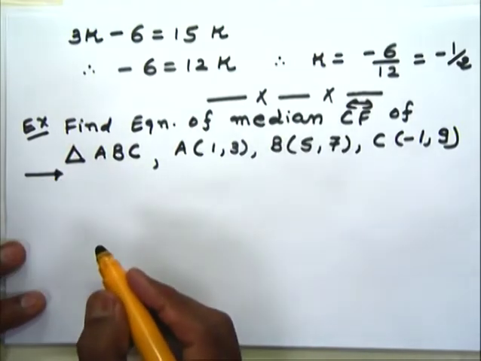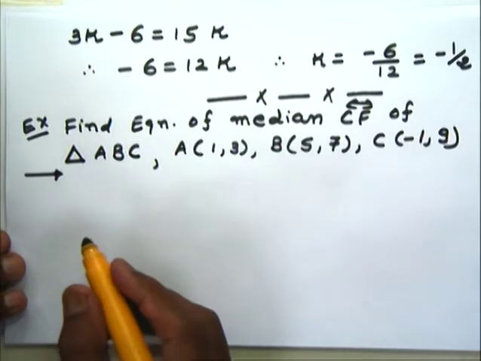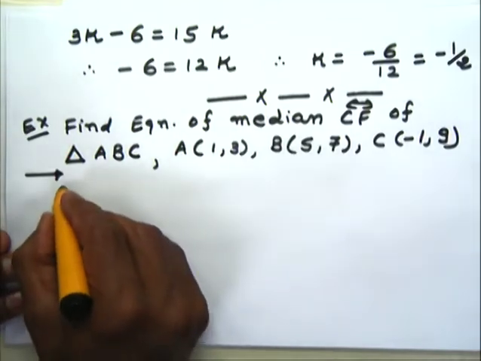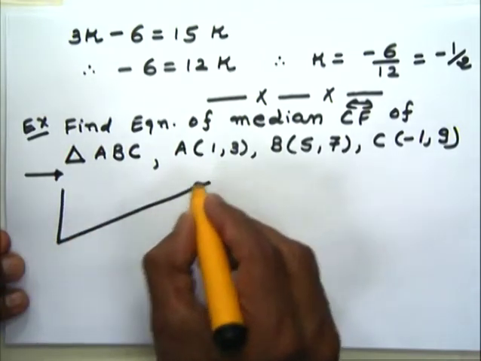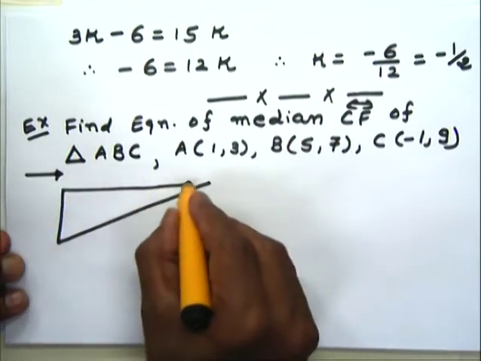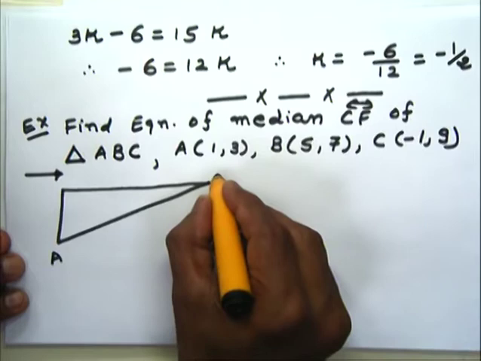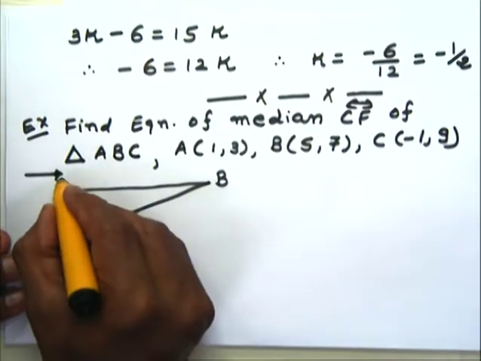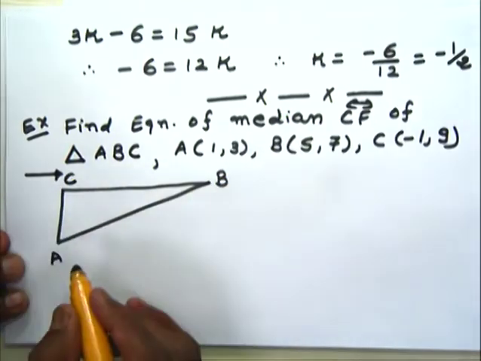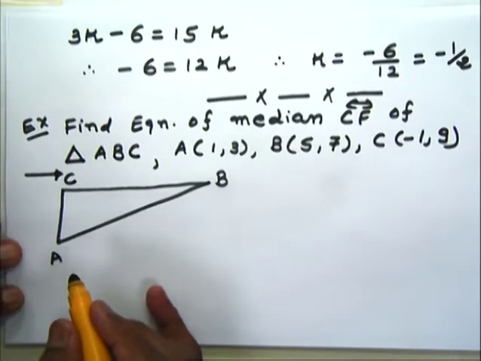So I want the equation of the median. Let us have a rough sketch of how the line and so on look like. Say this is A, B, and that vertex is C.